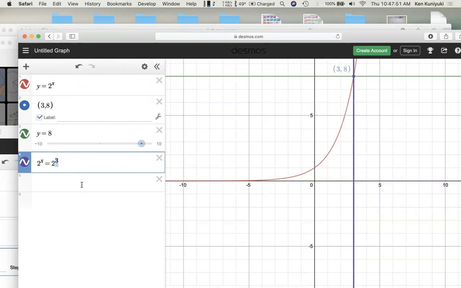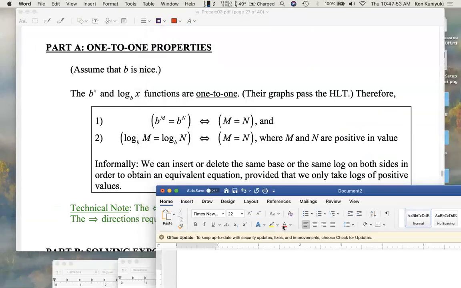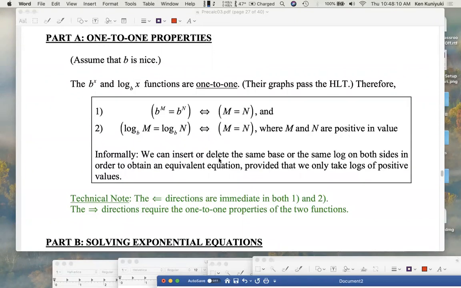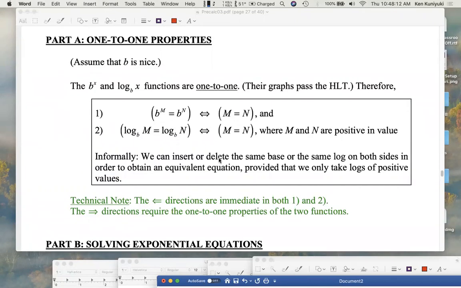And that's because of the one-to-one properties. If 2 to the x equals 2 to the third, then x equals 3. Of course, the bases must be the same. If that's a 2 and that's a 3, this doesn't work out. All right. Now, it turns out that we can really use these properties to solve exponential equations and logarithmic equations later on. And we'll see that in the next lessons.